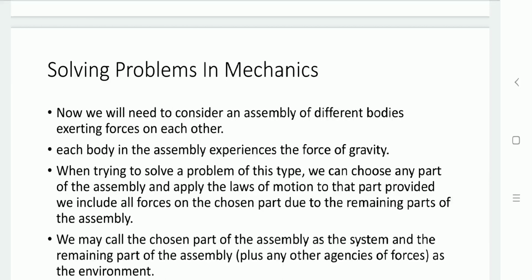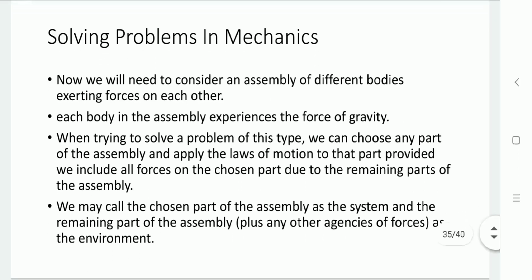So while solving this kind of problem, we can choose any part of the assembly at a particular time and apply the laws of motion to that part. For that, we include all possible forces applicable on that chosen part from the remaining parts. Here this chosen part of the assembly we define as the system, and the remaining part of the assembly we consider as the environment.